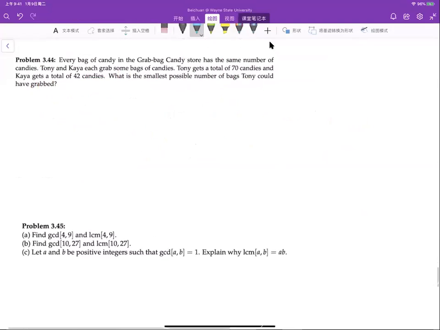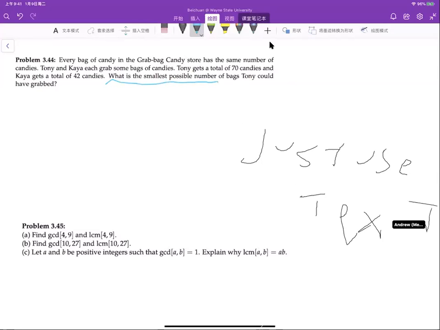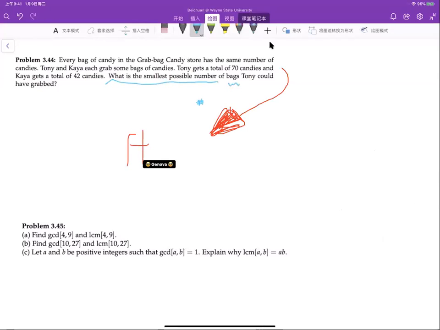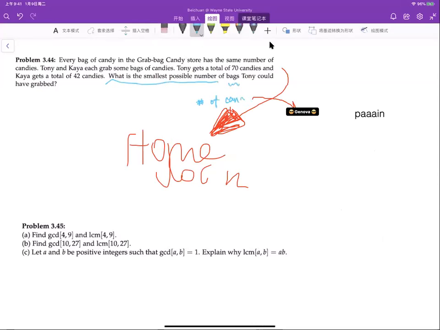And then let me leave 44 as homework. In this case, because it's asking what is the smallest possible number of bags, if you want the number of bags to be as small as possible, that means you want the number of candies in a single bag to be as large as possible.